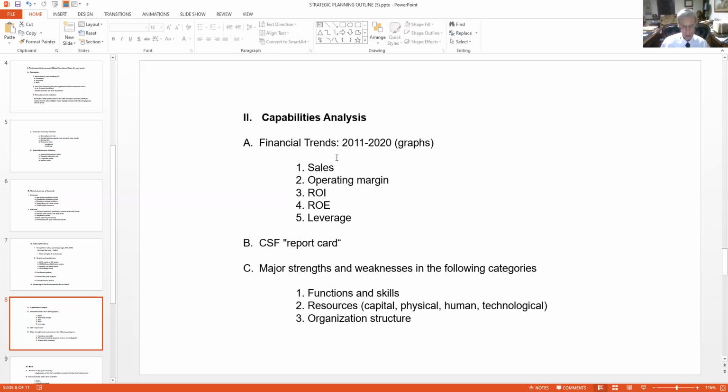What are the major strengths and weaknesses of your company with regard to their functions, their resources? Again, you can see there are 4 categories of those, and the organization structure.